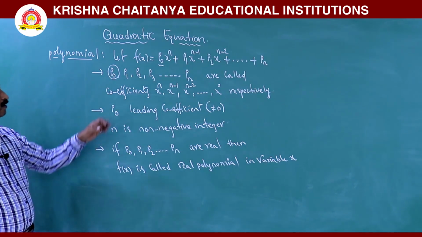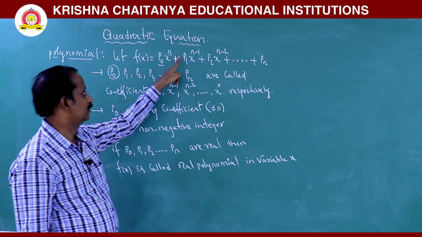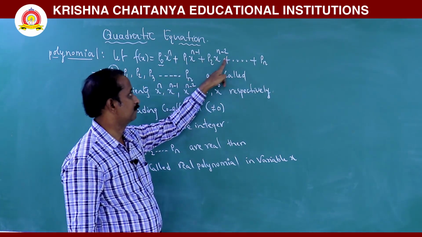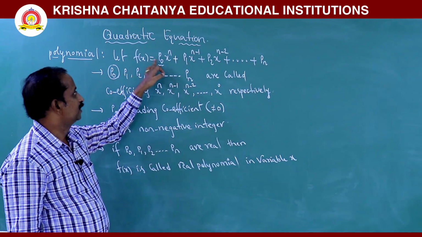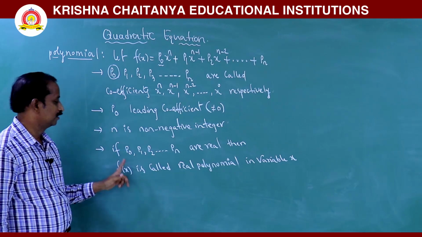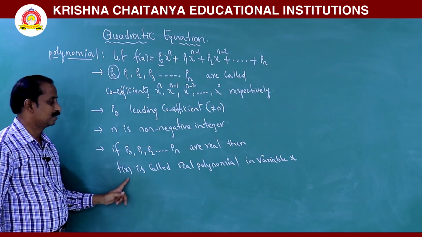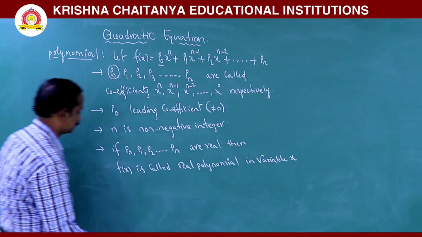Once again, in f of x, the coefficients p naught, p1, p2 and so on pn are real. In this case we call it a real polynomial in variable x.